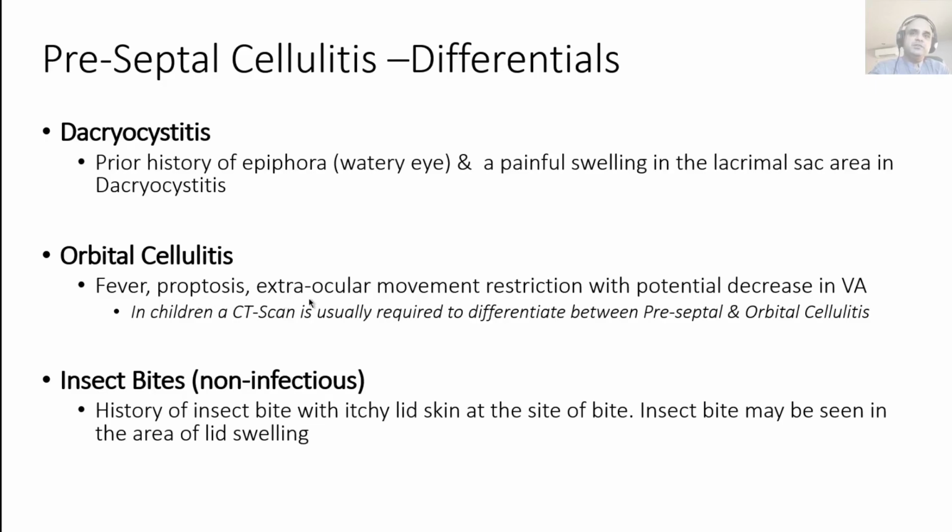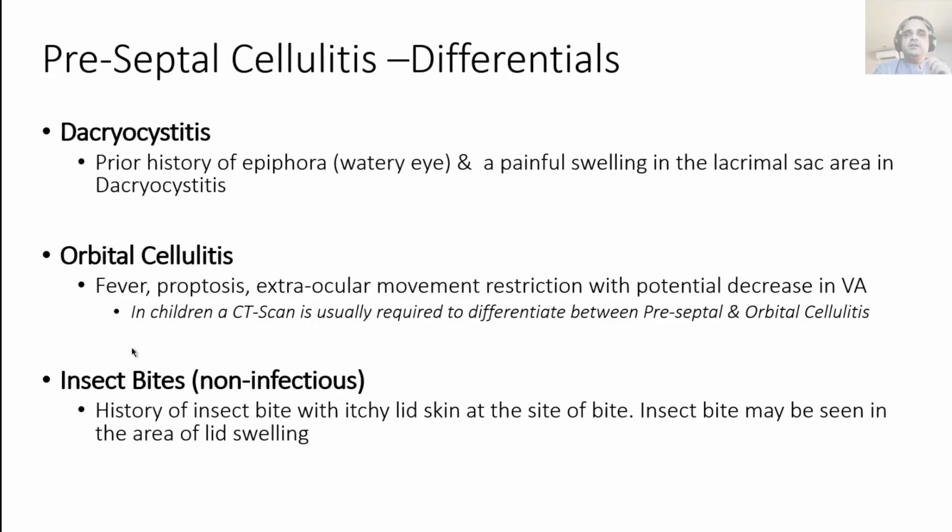Fever, proptosis, extraocular muscle restriction, and a decrease in VA, visual acuity, are all features that are specific to orbital cellulitis. But proptosis, extraocular movement restriction, and decrease in visual acuity can only be checked if you open the eye. So forcefully opening the eye is essential when you are seeing a patient of pre-septal cellulitis. If you have a child, a CT scan is required and becomes indicated.